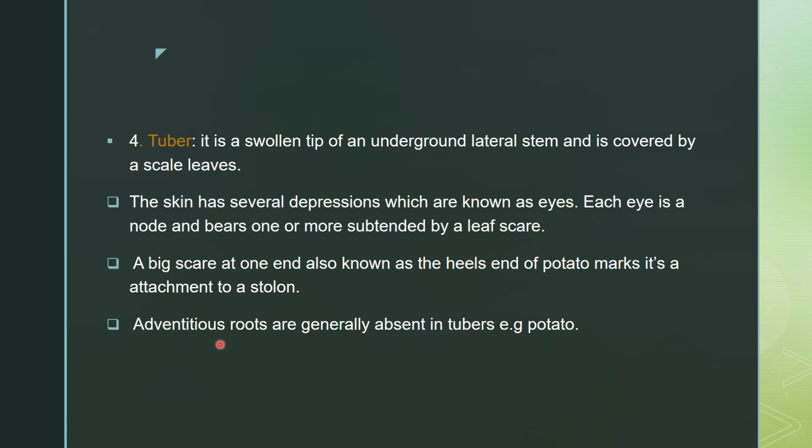So in the tuber no adventitious roots appear. But it has eyes. Each eye is a node and bears one or more buds, subtended by a leaf scar, and it will be clear if you see the picture.